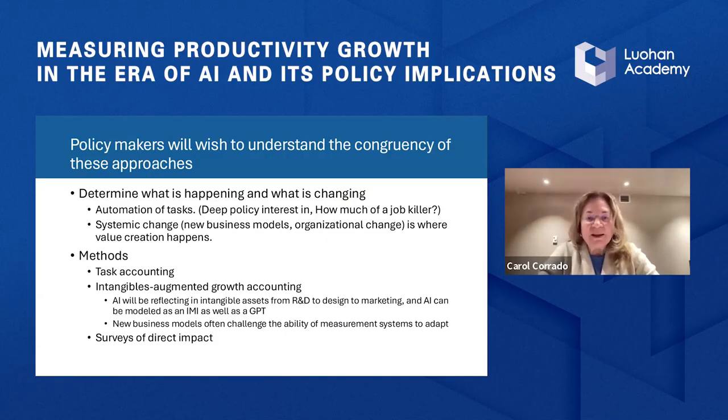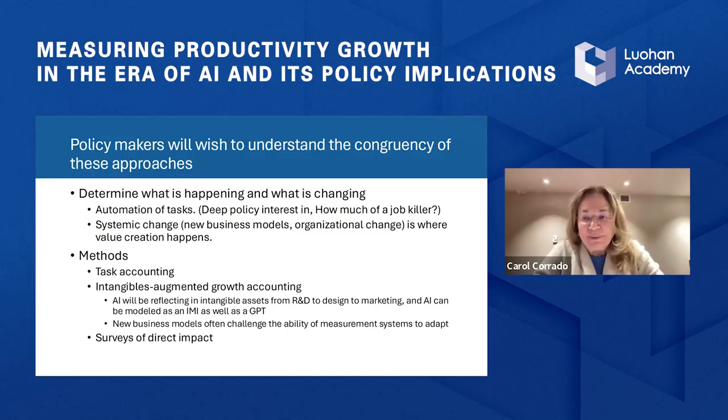You could say that systemic change is about how new business models and changes in organization lead to a more capital-intensive economy, and that's what you're going to track, whereas the task approach is really talking about how you move to a less labor-intensive economy. They are both sides of the same thing, but that's how they differ.